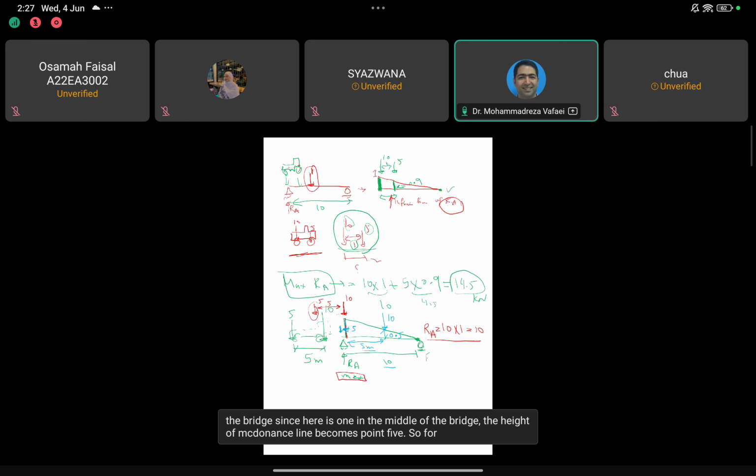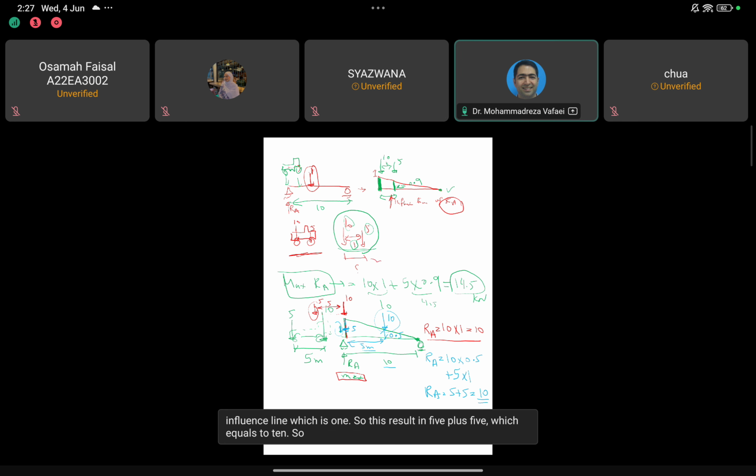So for this scenario, RA equals 10, which is the intensity of the load, multiplied by its height of the influence line, 0.5, plus we have another point load, 5, multiplied by the height of influence line, which is 1. So this results in 5 plus 5, which equals 10.